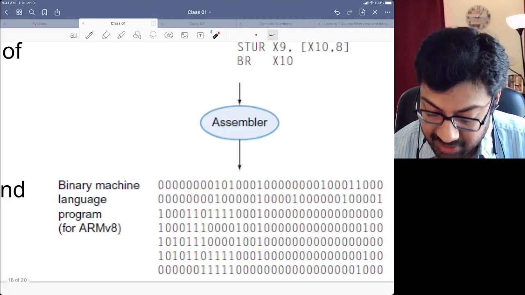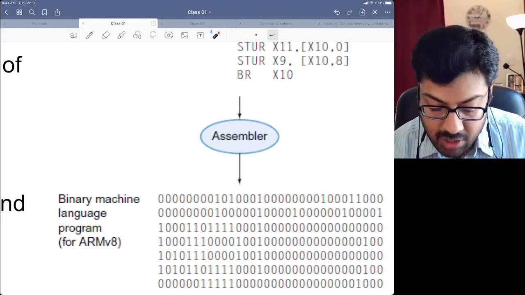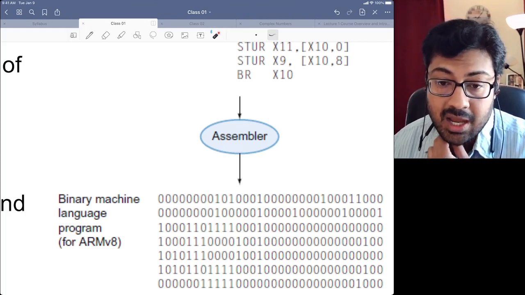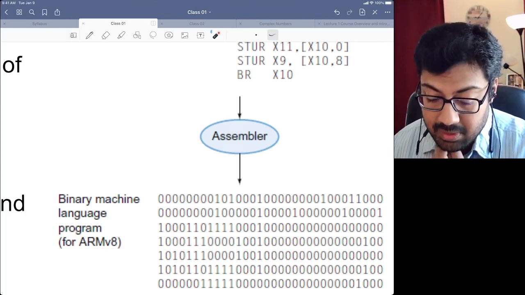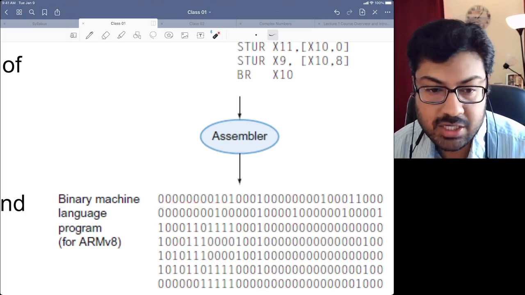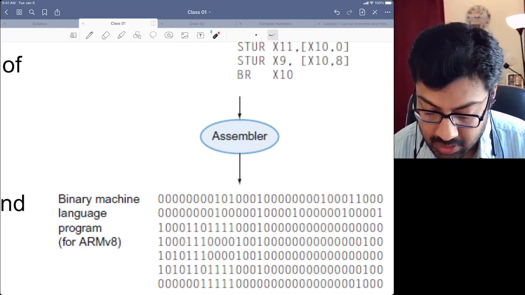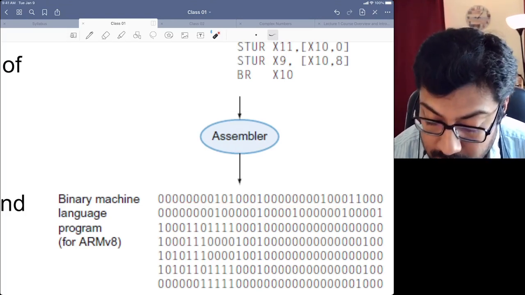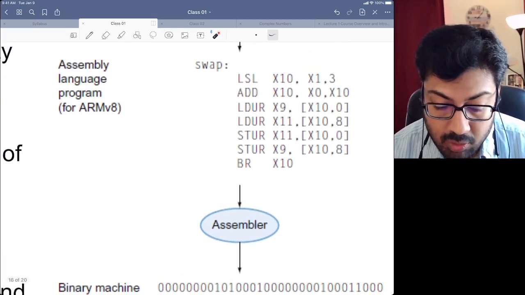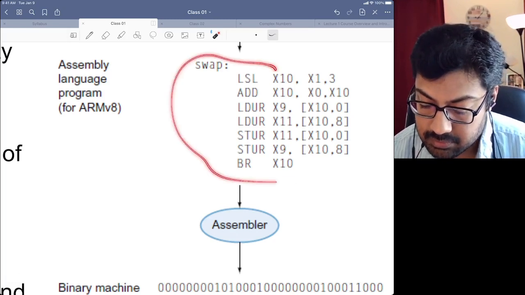Now, a computer which is based off of the ARM v8 is going to be able to work on these instructions, but we as humans will not be able to interpret them, right? They are a bunch of zeros and ones. What do they mean? I don't know. They are an output of an assembler. How did you get it? Well, somebody wrote an assembly language program which looked like this.